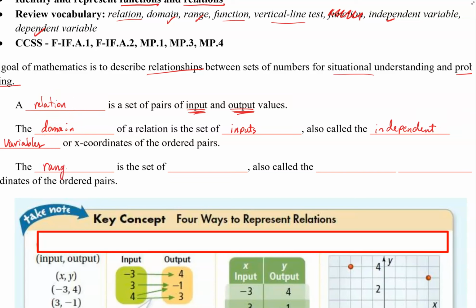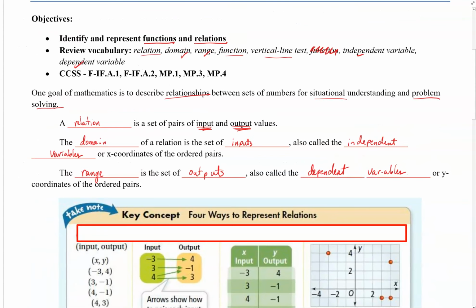Now, the results are called the range, and the range is the set of outputs. So if the range is the set of output values, these are also known as dependent variables. And they would be identified by the y-coordinates of an ordered pair.